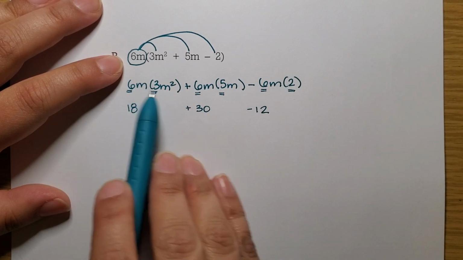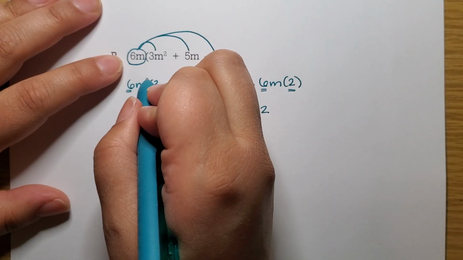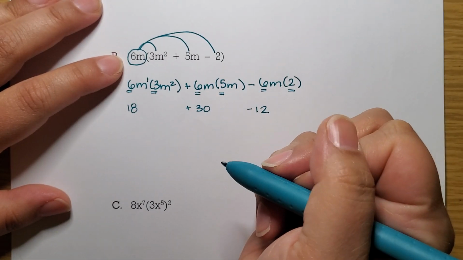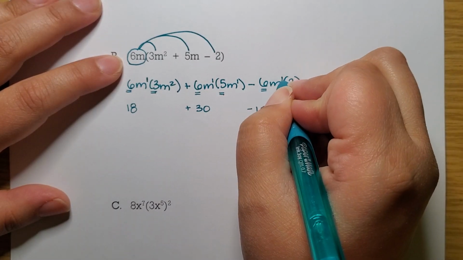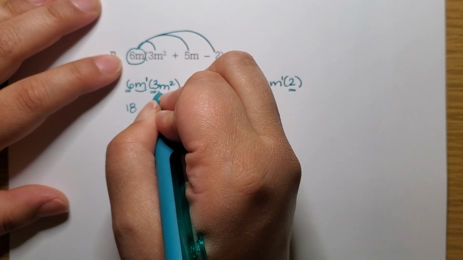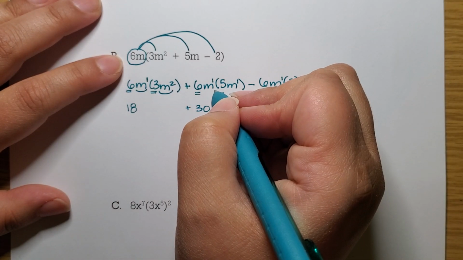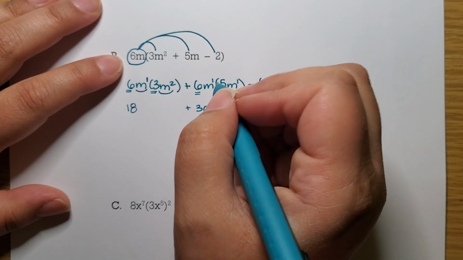Now I have to deal with the variables. Remember that m with nothing outside has a secret exponent of 1. So I'm going to put this here to help me. Because when I do m times m squared, I need to add the exponents. That's the product property of exponents.